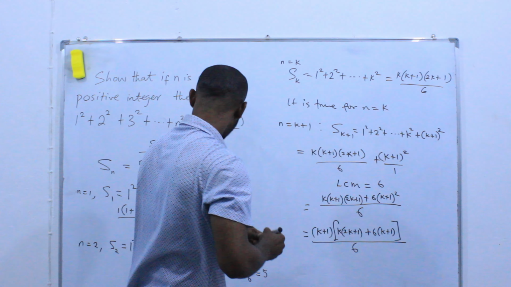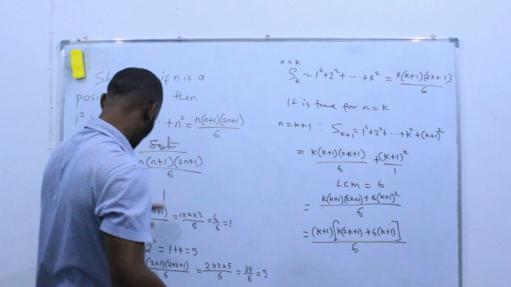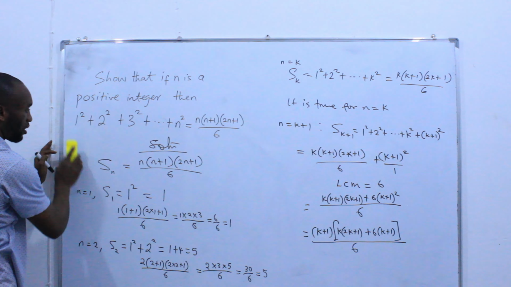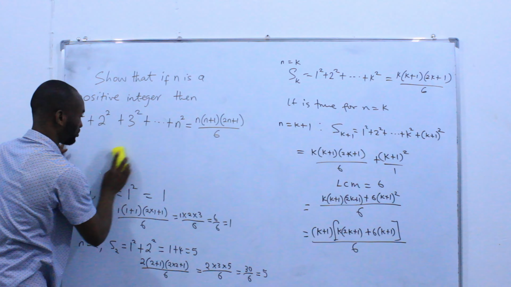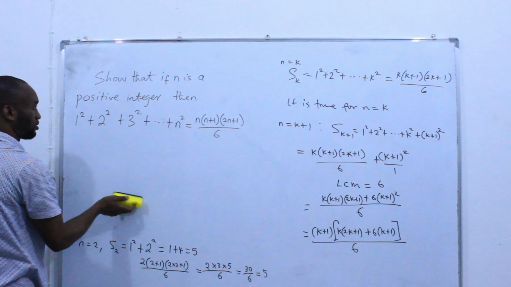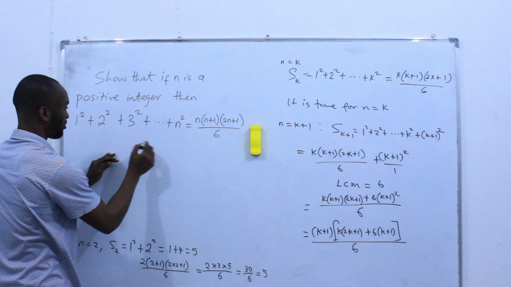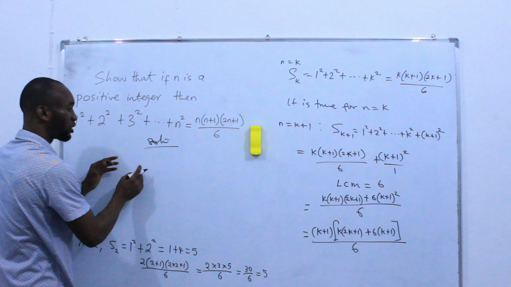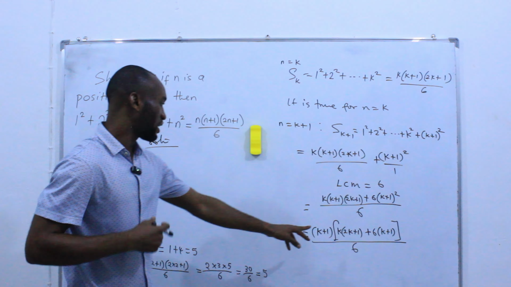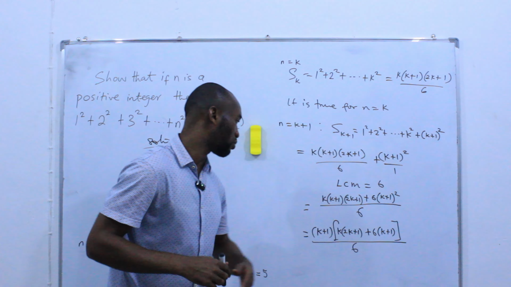Now, I'm going to erase this side of the board so that we continue from here. Now, let's simplify what is inside the brackets.